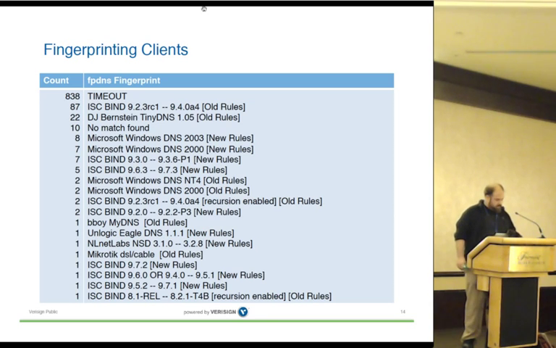Got an interesting sample. Only 152 I could find a version, and out of those, 107 are BIND, 22 being DJB DNS, and 19 Windows. So it gives us a few oddities.